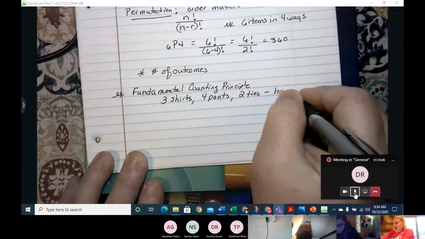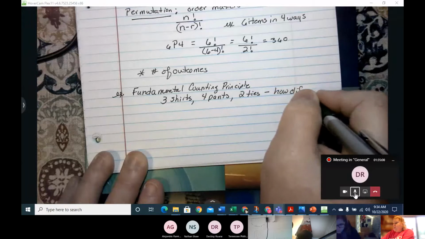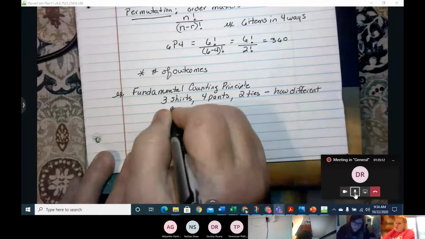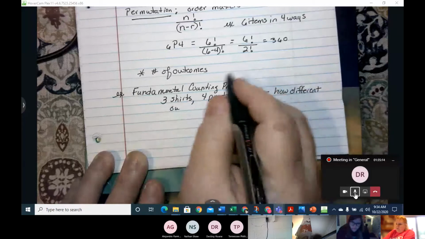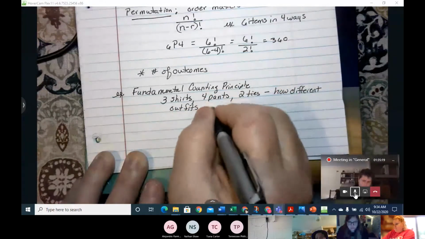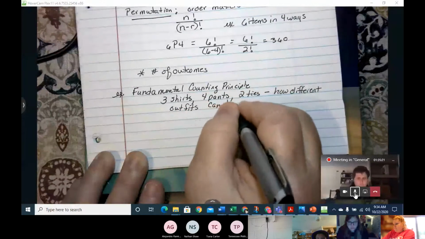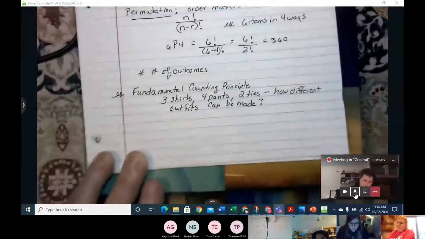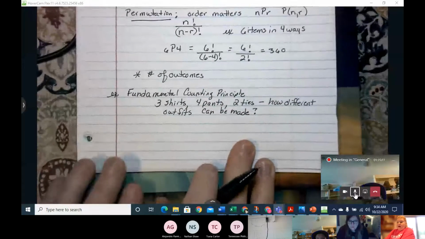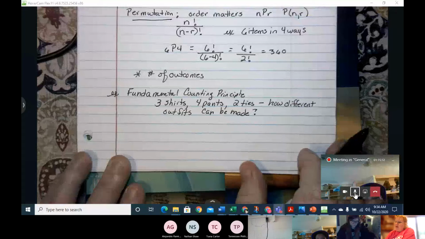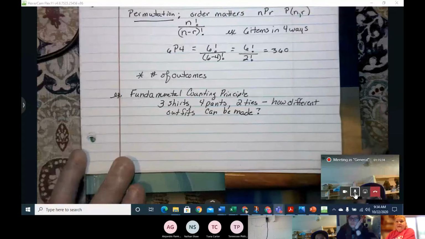How many different outfits can we make with those combinations of clothes? The fundamental counting principle says that we can just multiply to find how many occur.